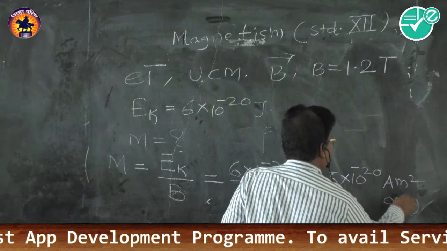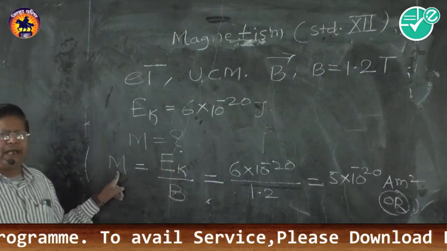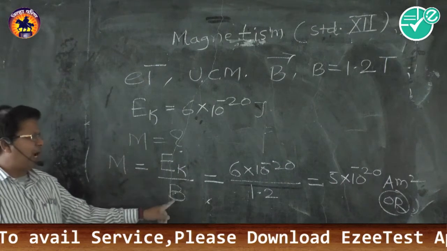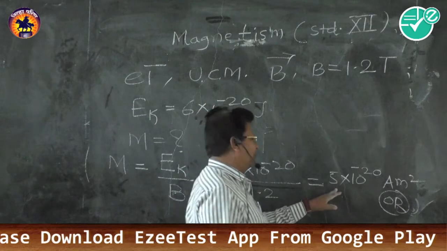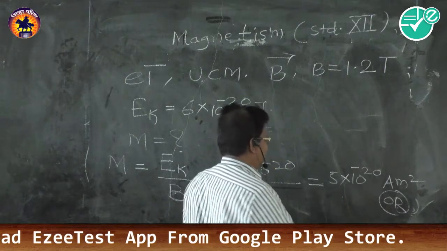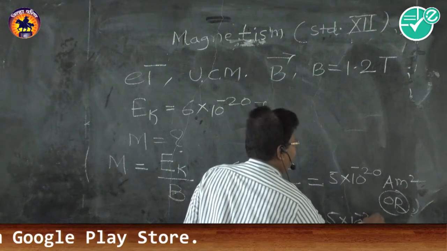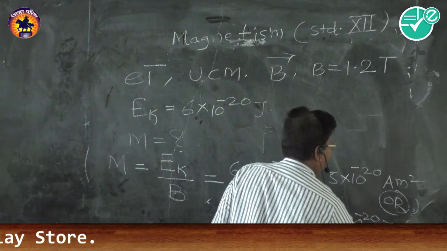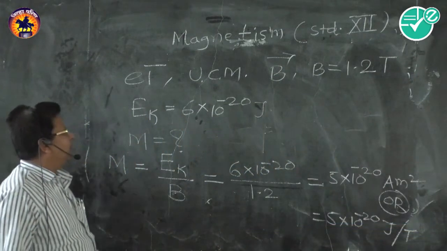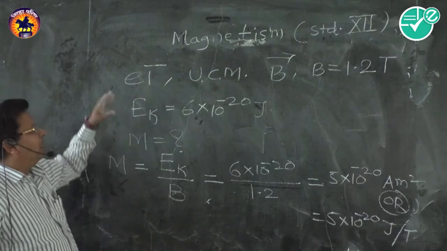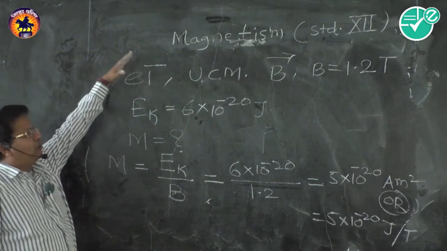Or from this formula, orbital magnetic dipole moment is equal to energy upon magnetic field, so another unit for this answer can be written as 5 into 10 to the power minus 20 joule per Tesla.